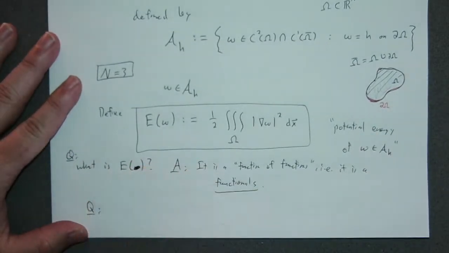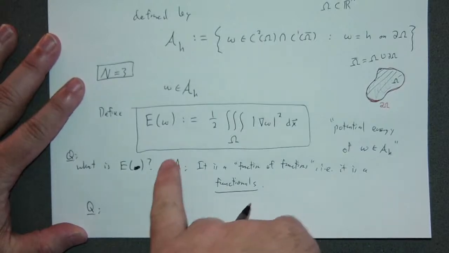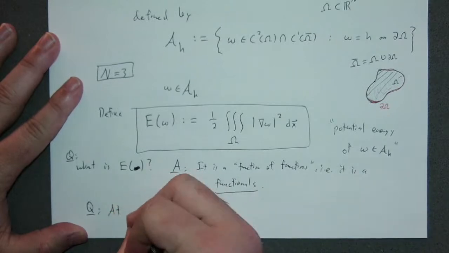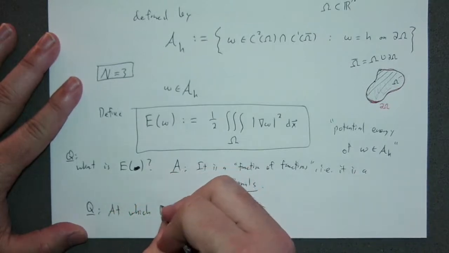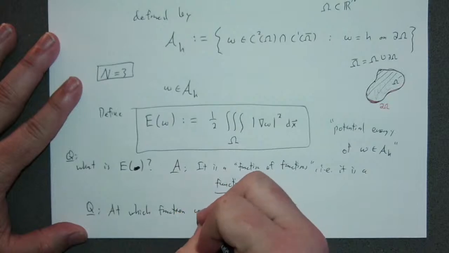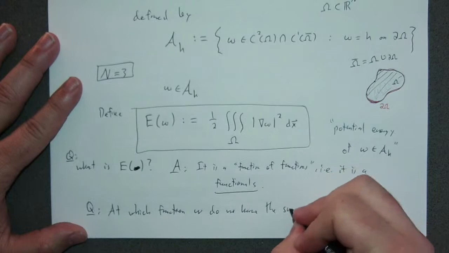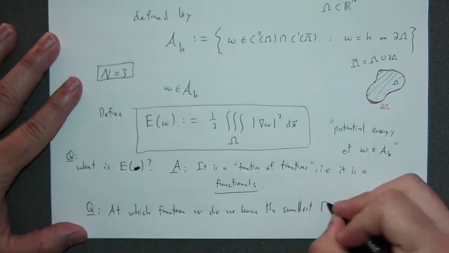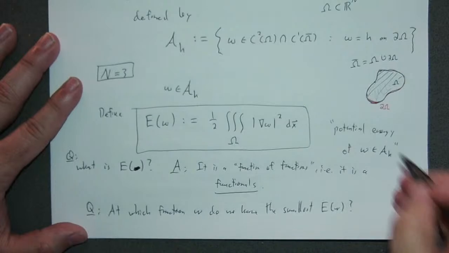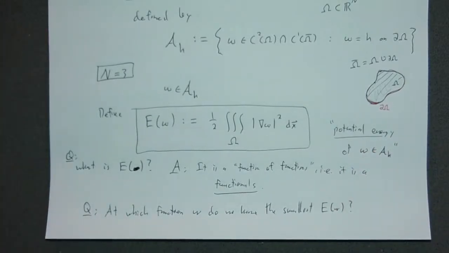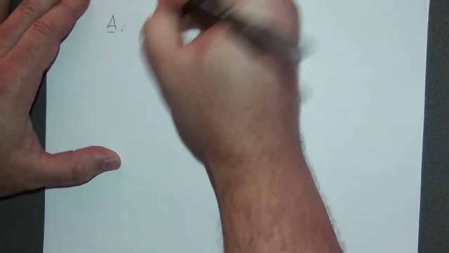So the question is, at which function W do we have the smallest E of W, i.e., the lowest potential energy? Well, the answer to that is Dirichlet's principle.